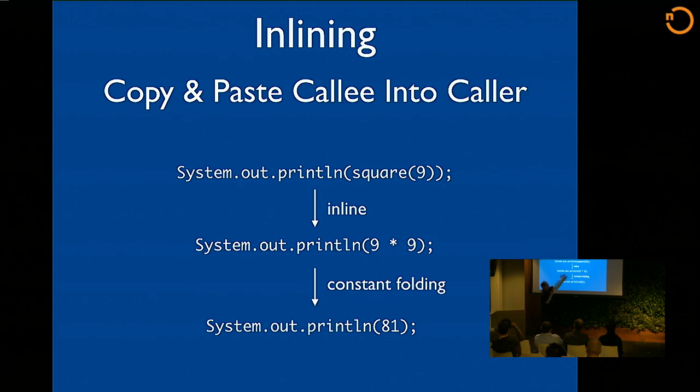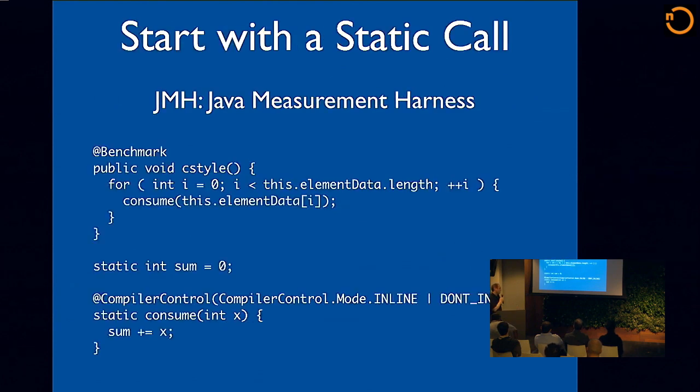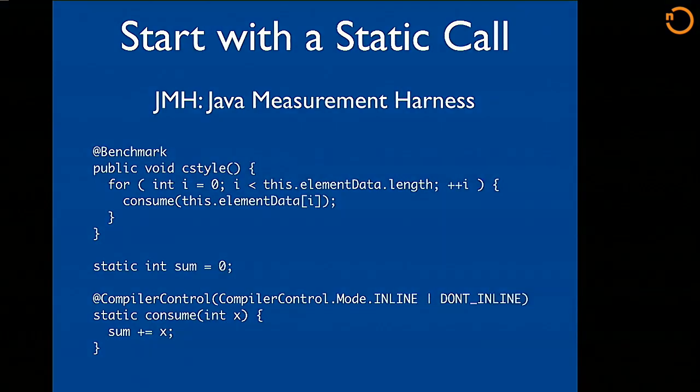And so we would inline it, and we'd say it's 9 times 9, and then we'd apply the simplest optimization you can possibly imagine, constant folding, and say, 9 times 9 is 81. And then we wouldn't have a call or a multiply. And that's good. I'll show you. It is good.